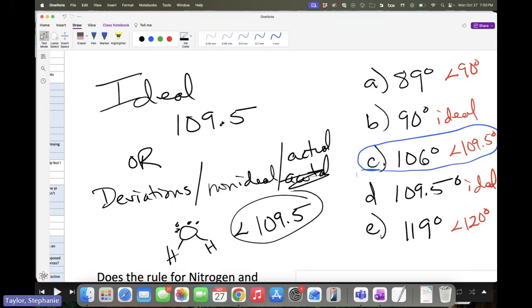You don't have enough information from just a Lewis structure or a drawing to say exactly what that bond angle is, but you can pick out of a list because you're choosing the only tetrahedral deviation. There's only one option on here that is a tetrahedral bond angle, but is shrunk because of the lone pair. So that would be the thing that we could do.